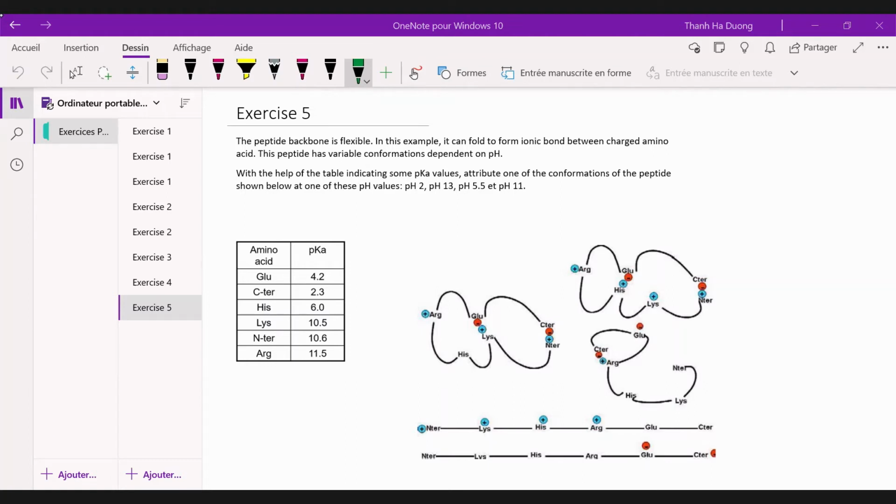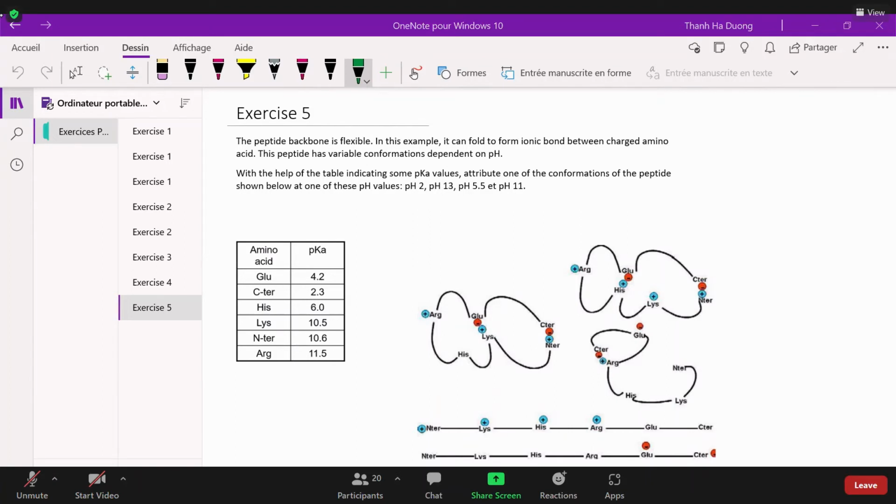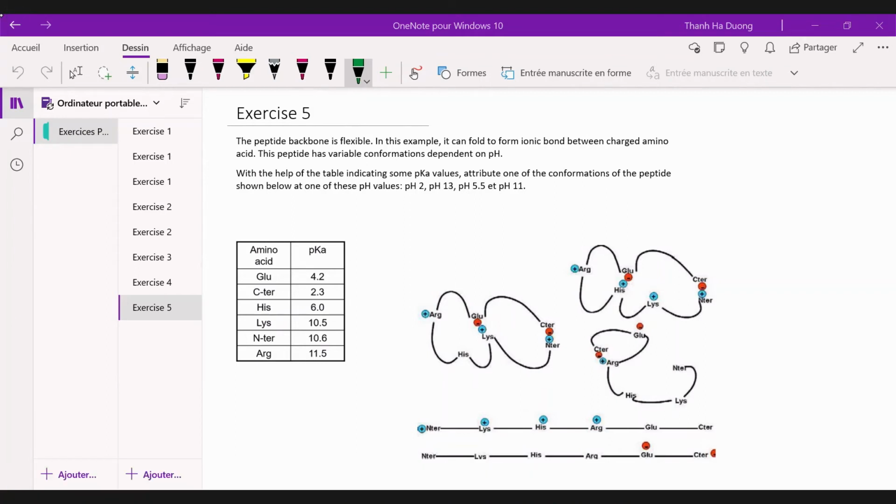So with the help of the table indicating some pKa values, attribute one of these conformations of the peptide shown below to one of these pH values. Okay, you have 4 pH values. You have 5 conformations. So you have to find me the pH of the last conformation.